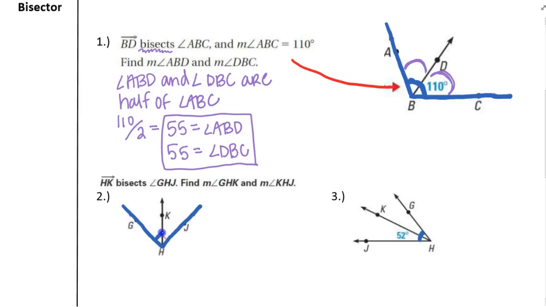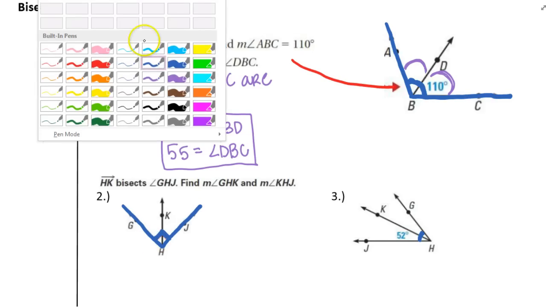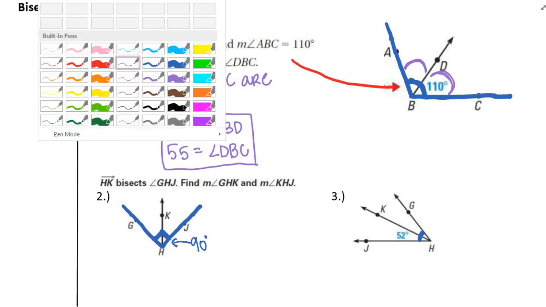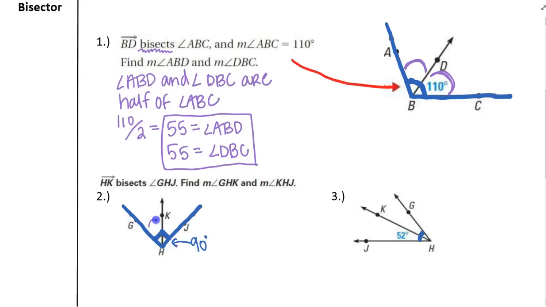I want you to notice something going on here. There's this little symbol that looks like a box, and that little box means 90 degrees. I'll write it in blue so it matches with the blue angle. What they want to know from us is the measure of this angle and the measure of that angle.